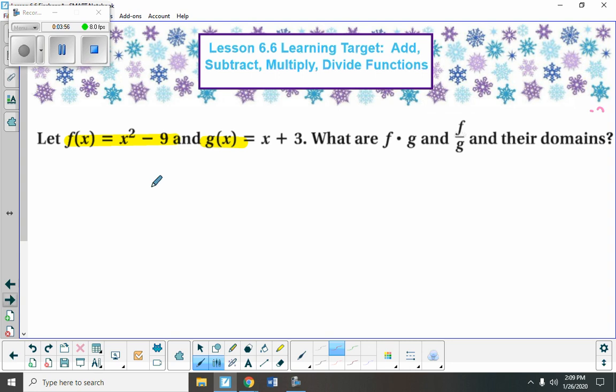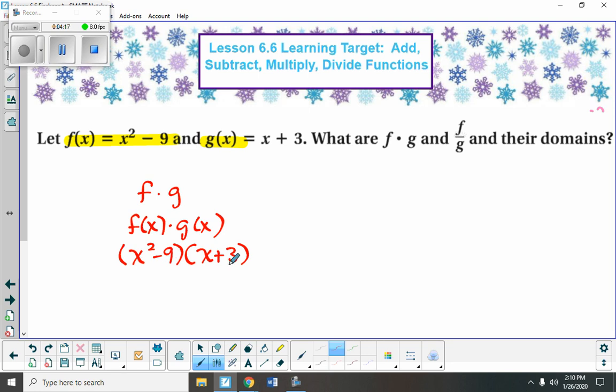Next we have f times g, which means f of x times g of x. So f of x is x squared minus 9. And we want to take that times g of x, which is x plus 3. And I use parentheses because we have to take the whole expression times this whole expression.